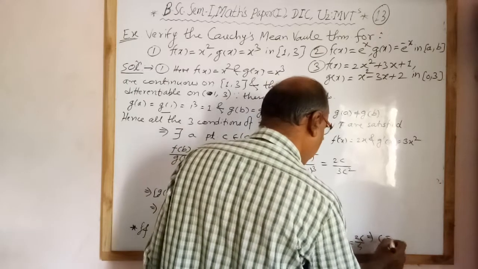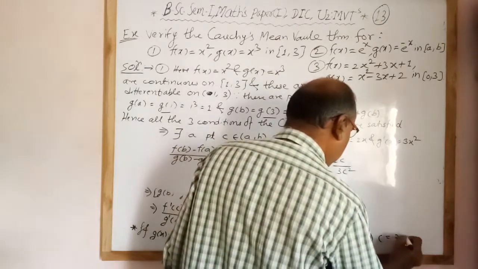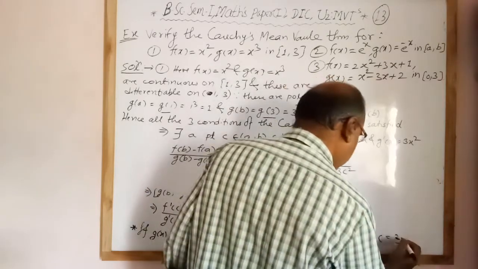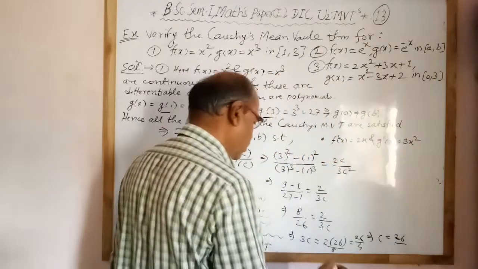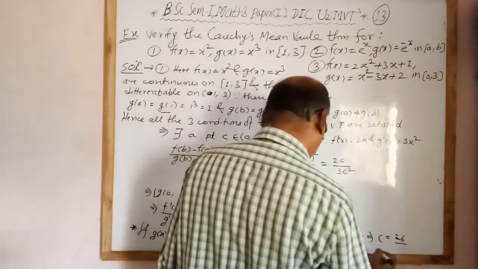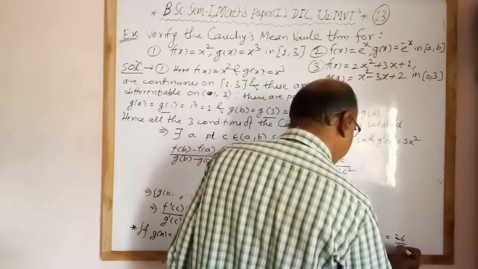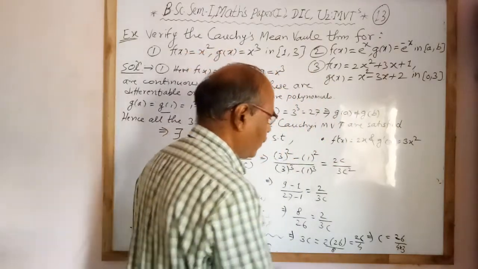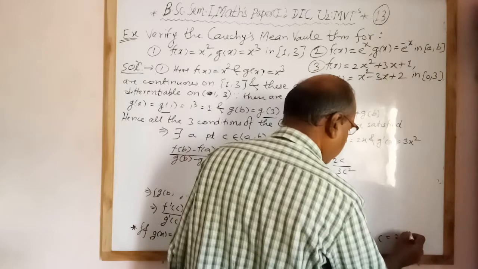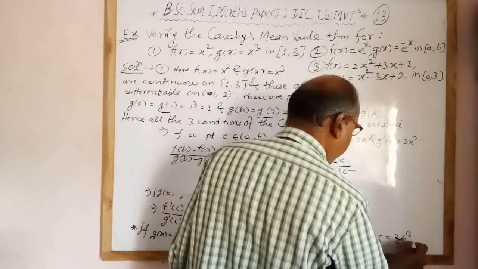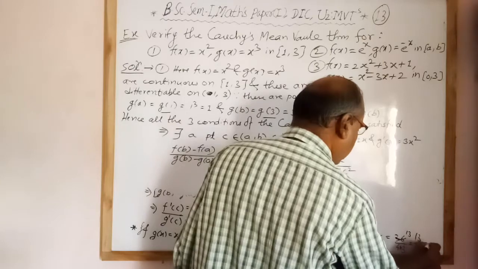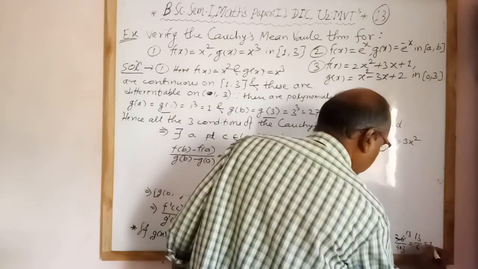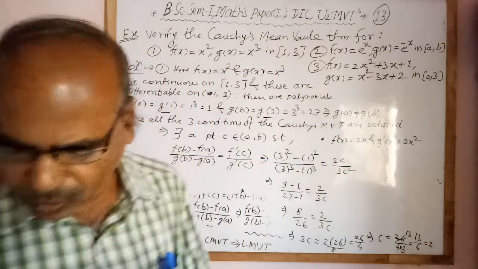Therefore, we obtain c equals 26 by 4 divided by 3, here we have 13 and we have 6. Therefore, 13 by 6, which, if we solve this, the value we get is 2.1.